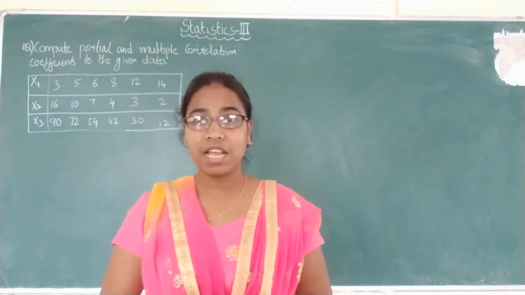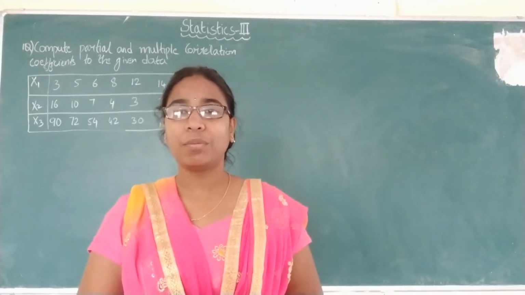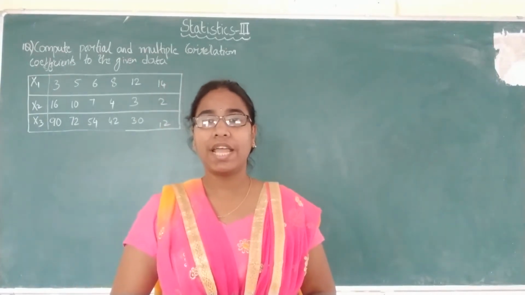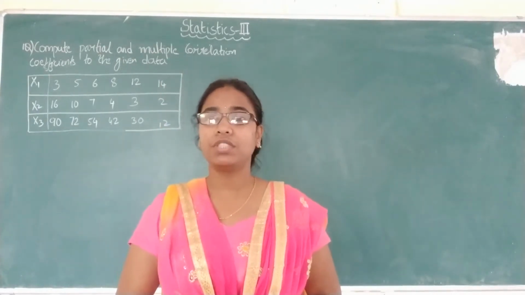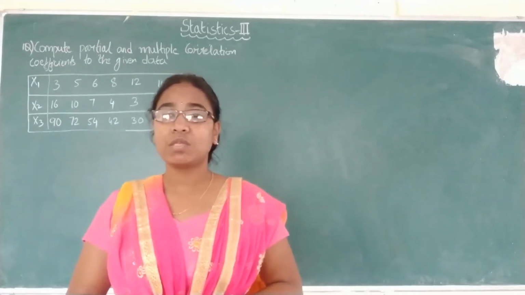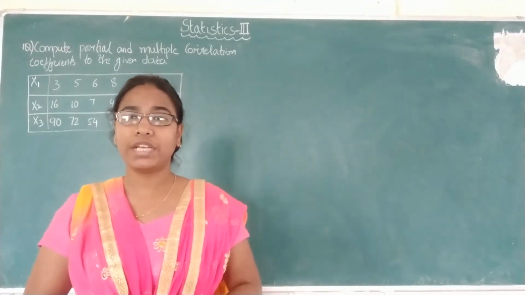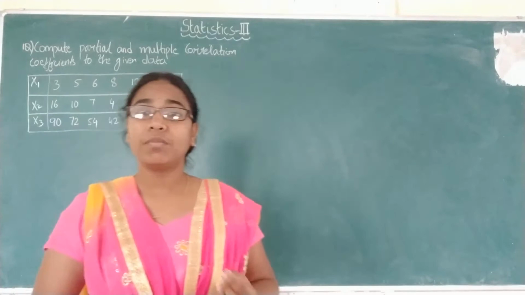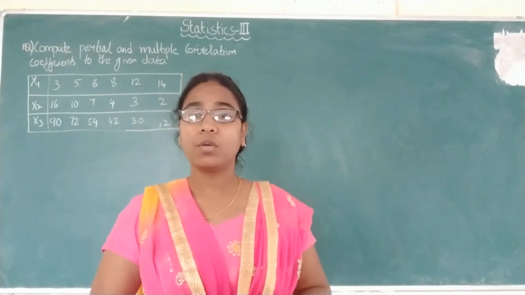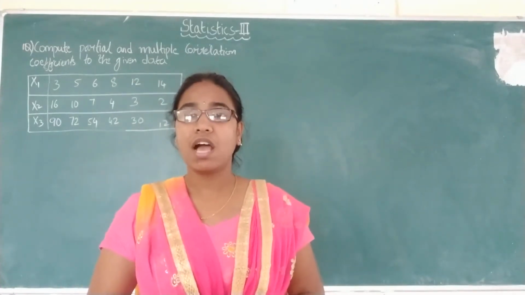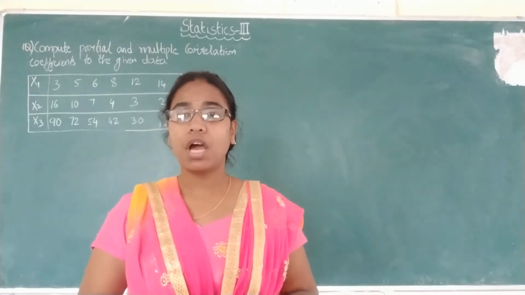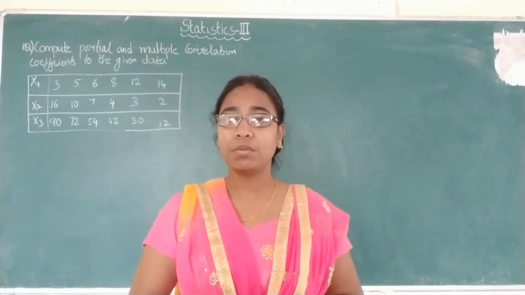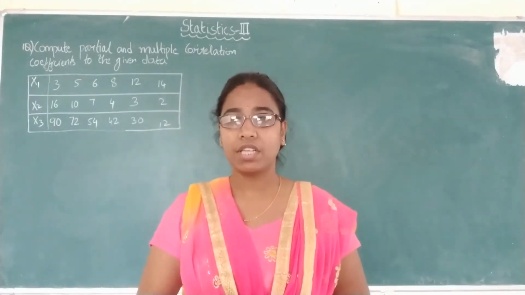So in today's class we are going to do a problem related to partial and multiple correlation coefficients. In the previous class also we solved a problem related to this. But in the previous problem, the correlation coefficients R12, R13 and R23 values were already specified in the question.